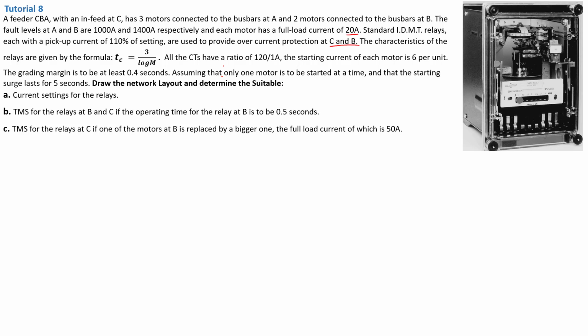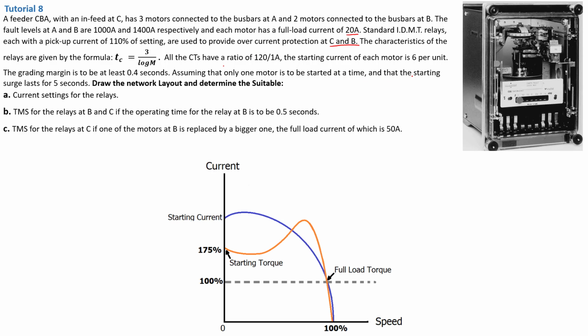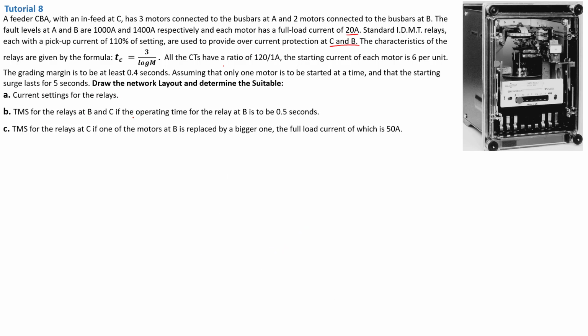Now, assuming that only one motor is to be started at a time, and that the starting surge lasts for 5 seconds, you need to draw the network layout and determine the suitable current setting for the relays and the TMS for the relays at B and C. That is where the overcurrent relays are situated, where they need to operate.